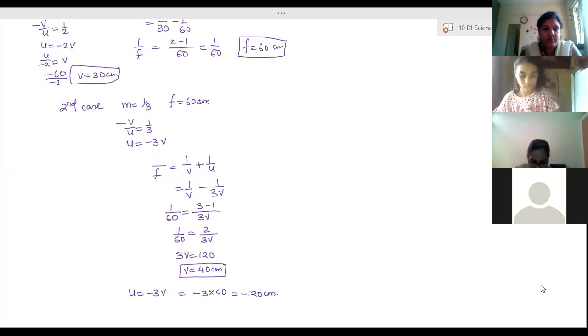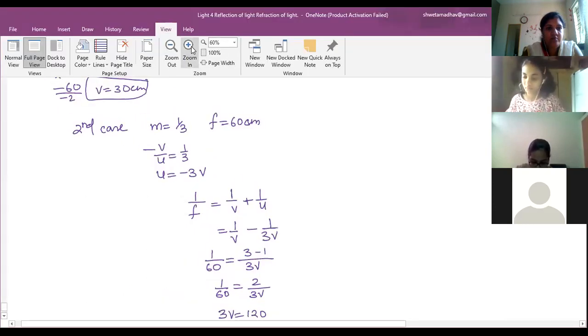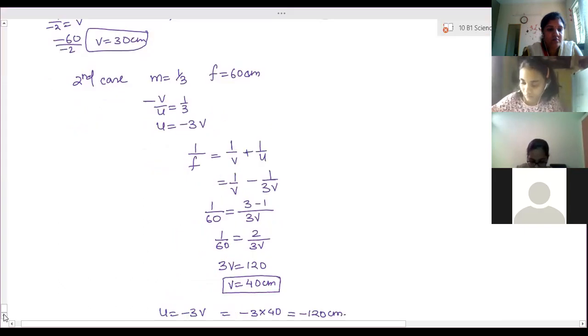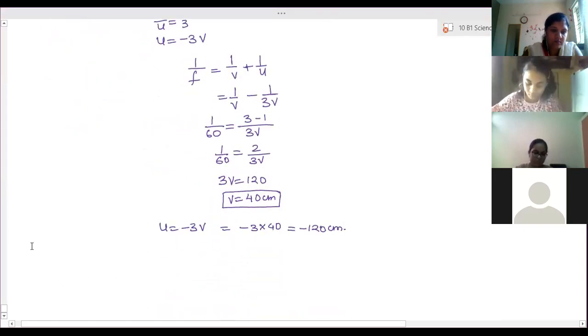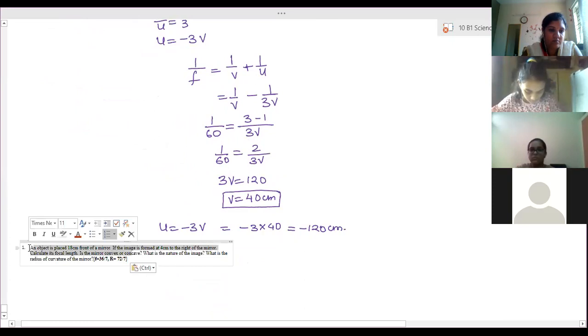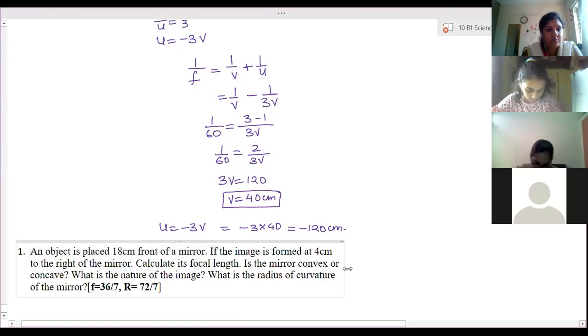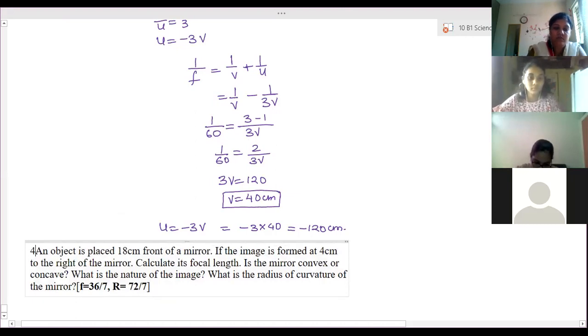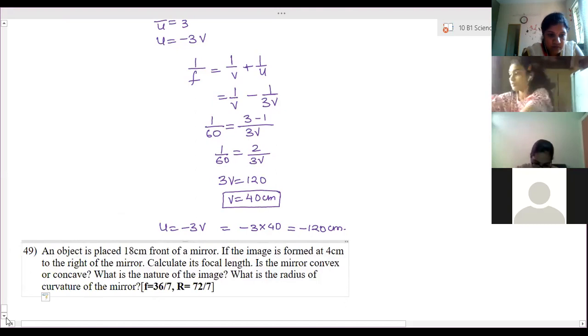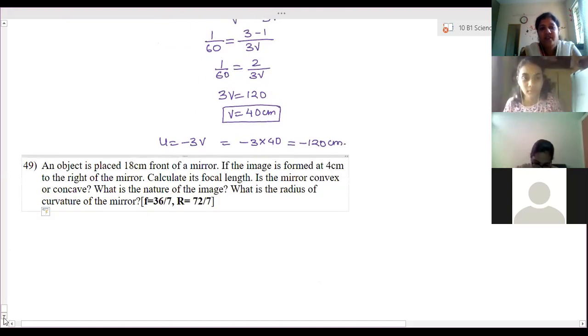49th one. An object is placed 18 centimeter in front of a mirror.